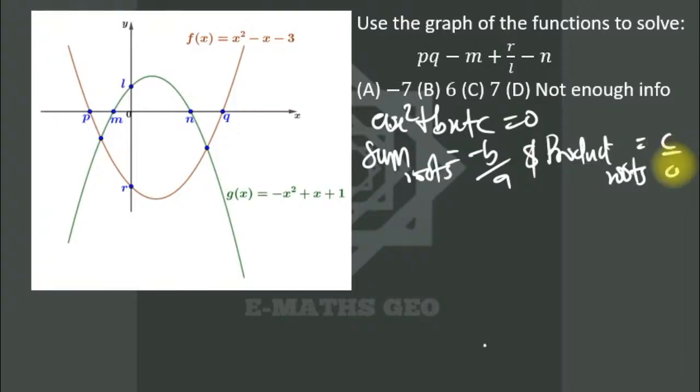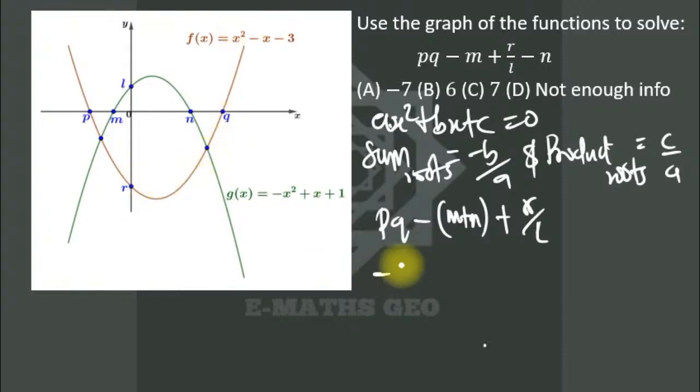is c over a. So from here, you see that we can rearrange this as pq minus (m plus n) plus r over l. Yes, I factored it. So pq is the product of roots of this, which is minus 3 over 1, while m plus n is the sum of the roots of this one, so we have minus 1 over minus 1.